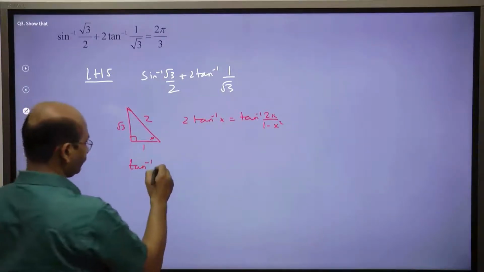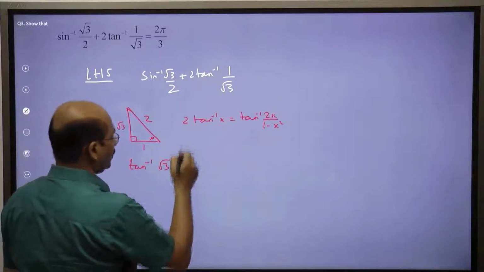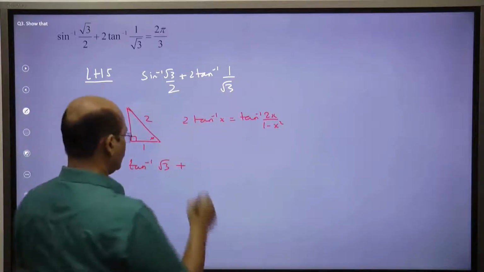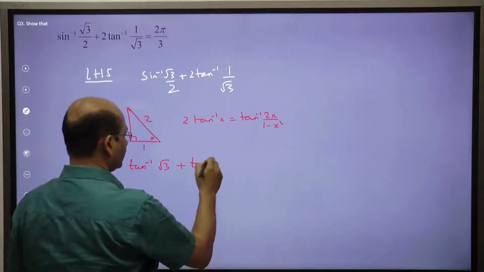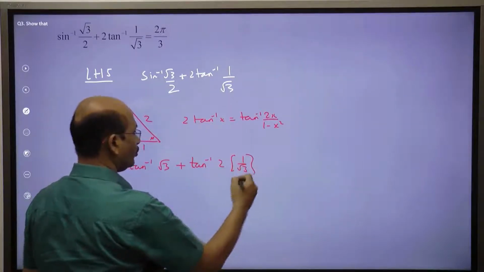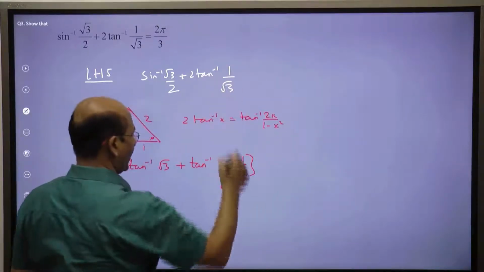So this will become tan inverse. Don't worry, tan is nothing but opposite upon adjacent. So root 3 upon adjacent, that is 1, plus now 2 tan inverse x will become tan inverse 2x. So this will become tan inverse 2 into x, x is 1 upon root 3, don't mix up, upon 1 minus x square.